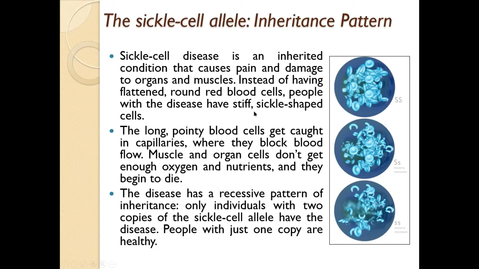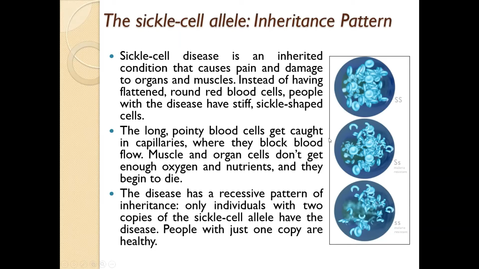People with the disease have stiff sickle cells, so the cell pattern is not that of a healthy cell. The long pointy blood cells get caught within capillaries. Look at this picture: these are the pointy red blood cells.